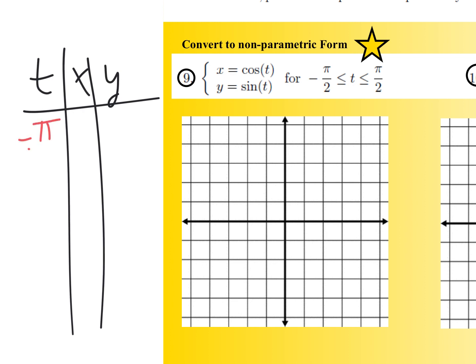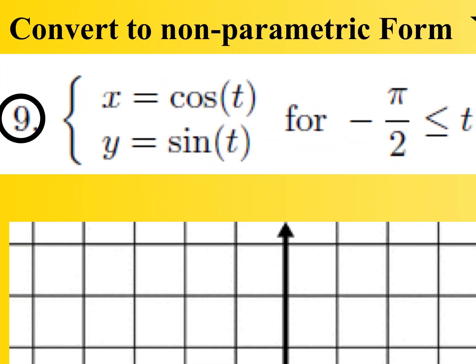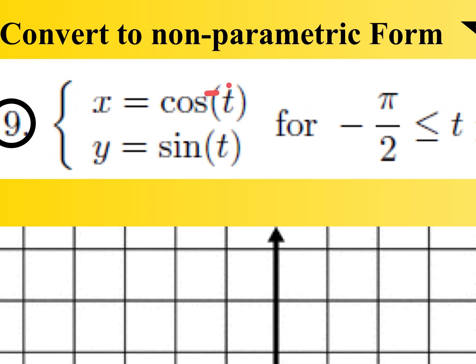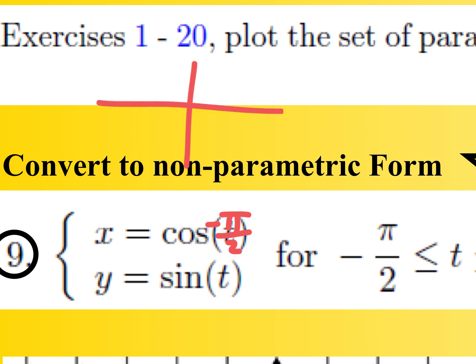Negative pi over 2. And when I use that negative pi over 2, I need to go back and put it in here. And you have to be able to just go do cosine of negative pi over 2. And if you can't, then you didn't ever learn circle trig. I'm going to go make a picture because I always do. And I go, where the heck is negative pi over 2?